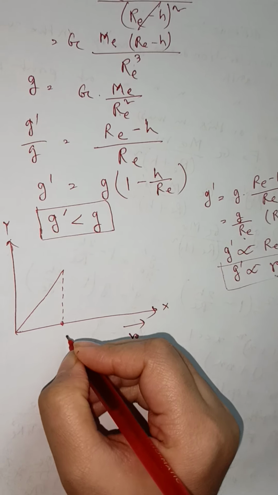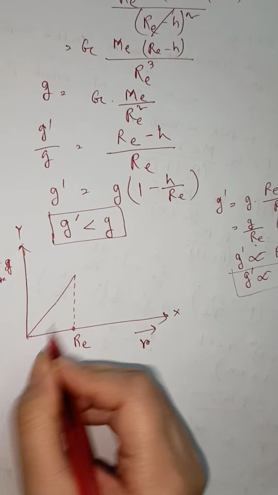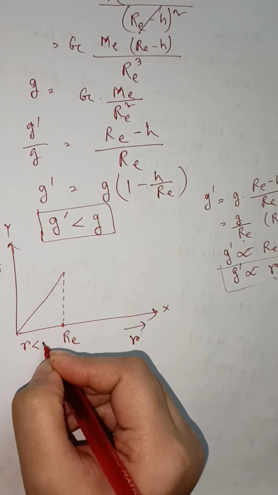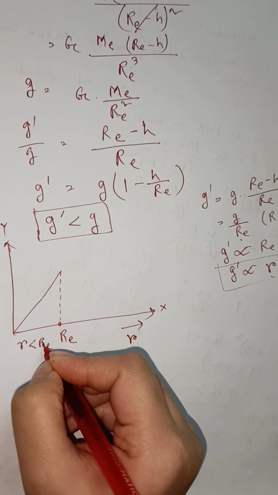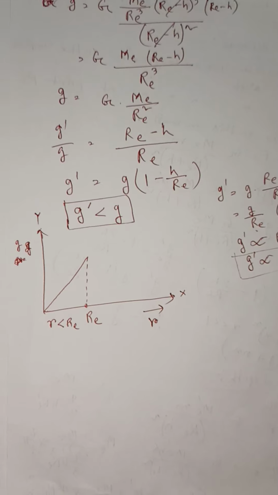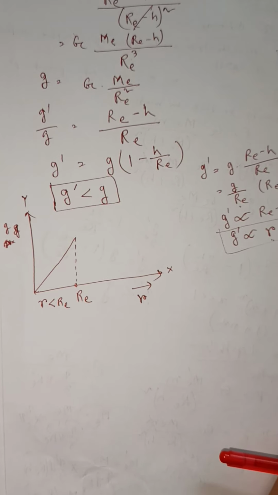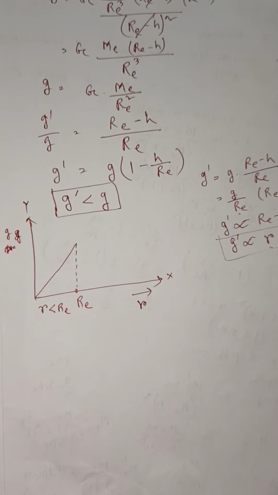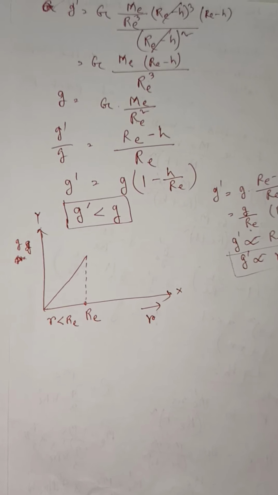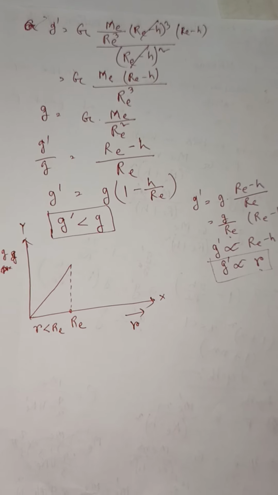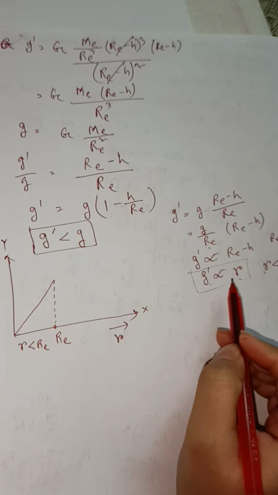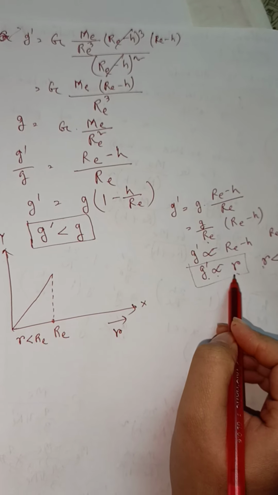Suppose this is RE. That means this part is where small r is less than RE. So when the body is going inside the Earth, g dashed is directly proportional to r.